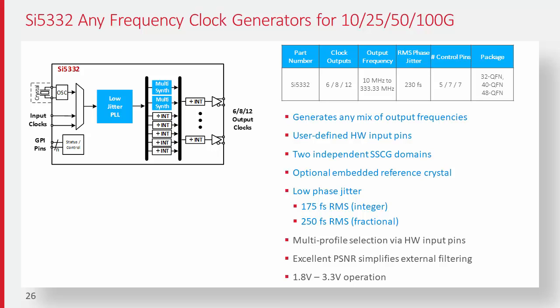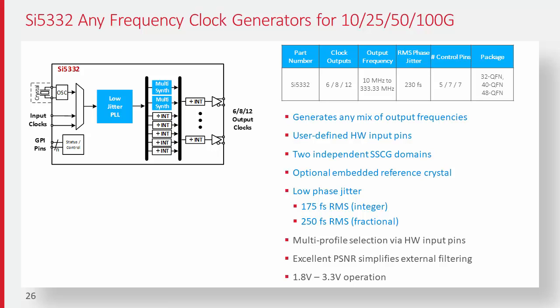The SI5332 supports 6, 8, and 12 outputs, with any frequencies up to 333 megahertz. With this clock, it not only supports PCIe up to Gen 4, it can also provide reference clock for other end devices like FPGAs, switches, and PHYs.